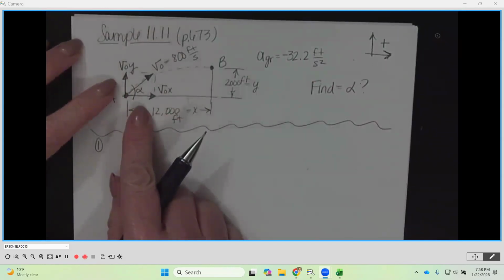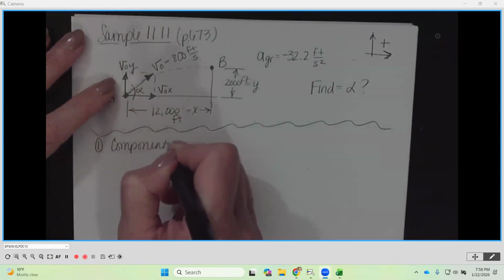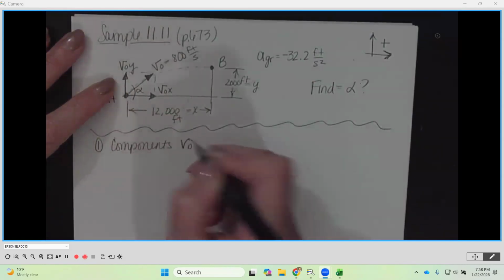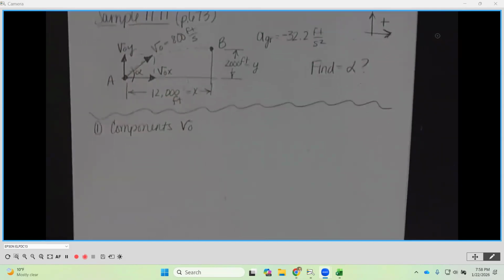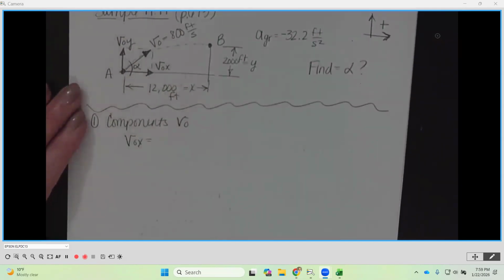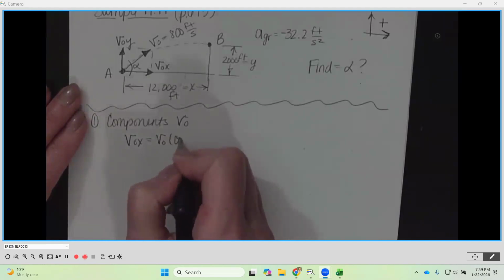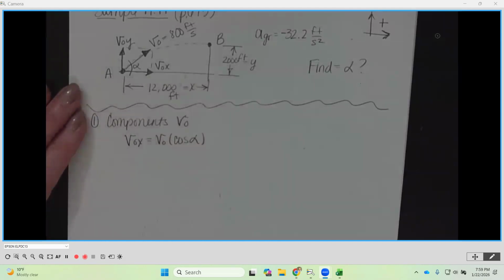We know we're going to have to do the components, right? So we're going to do the components of v0, our initial velocity. Our v0x, the horizontal component, is going to be equal to our original velocity times the cosine of alpha. Again, we don't know that angle yet; that's what we're going to be solving for.